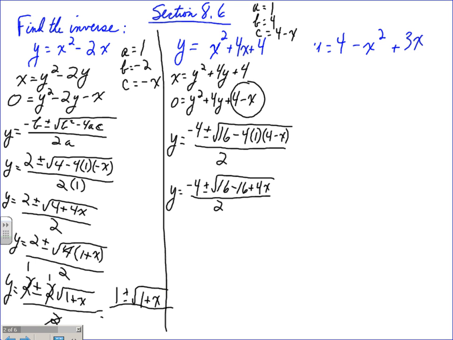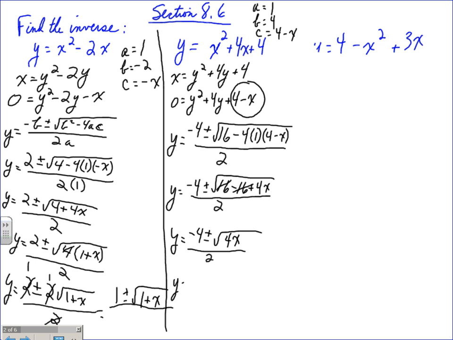Simplify inside the radical. Negative 4 plus or minus the square root. 16 minus 16 is 0. And I'm left with 4x all over 2. And yes, now I can take the square root of the 4 inside.